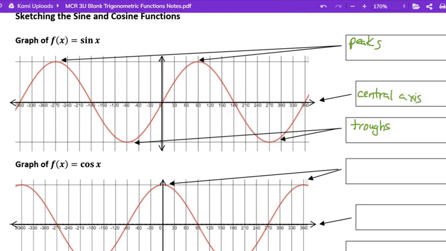And for the parent function of sine and cosine, the peaks are always at f of theta, or f max, let's call it, equals 1, and f min equals -1. This is always true for the sine curve.